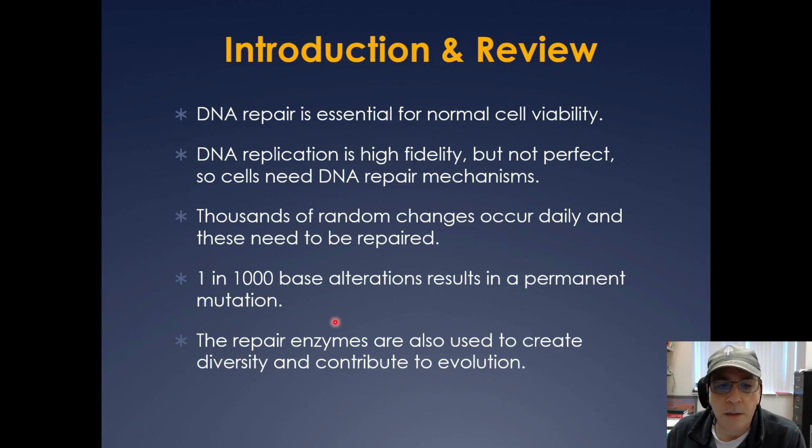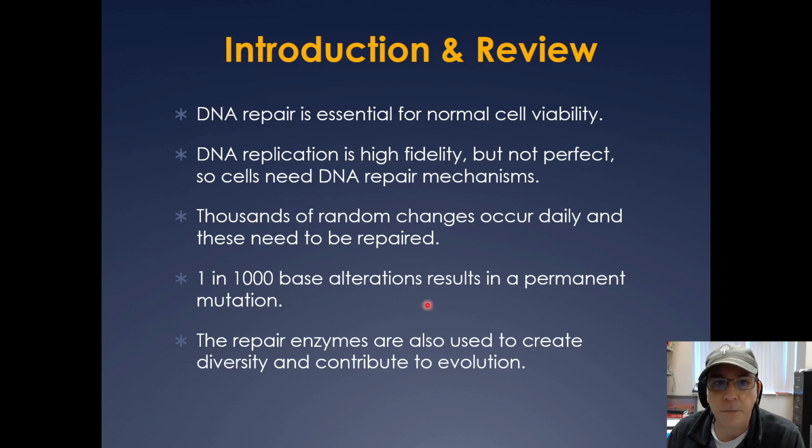And so ultimately, if it's not repaired, 1 in 1,000 base alterations actually results in a permanent mutation. So we're constantly mutating our genomes over the course of our lives.